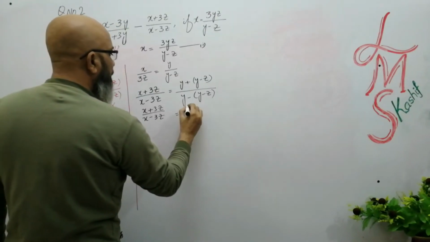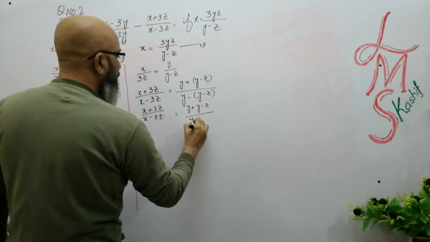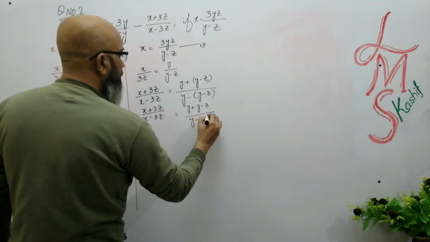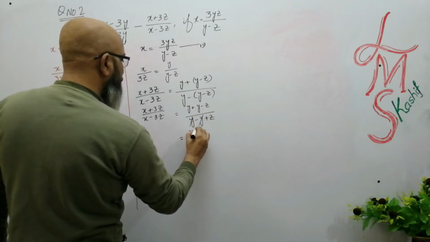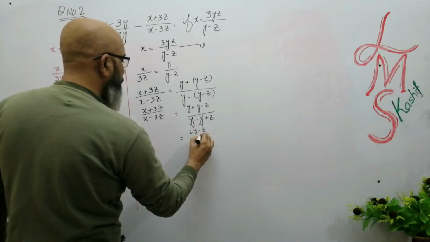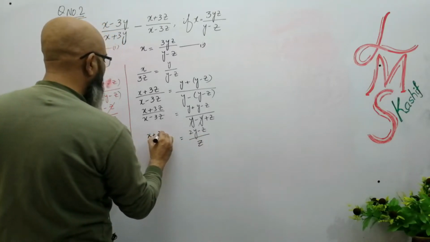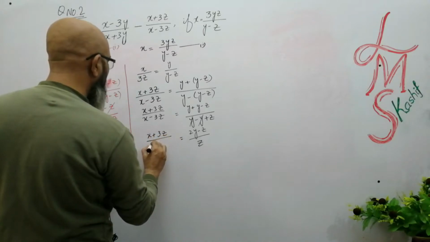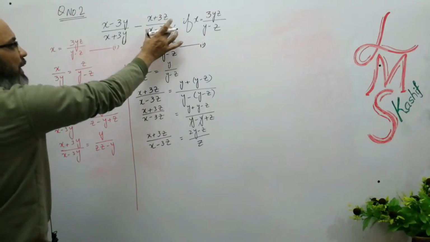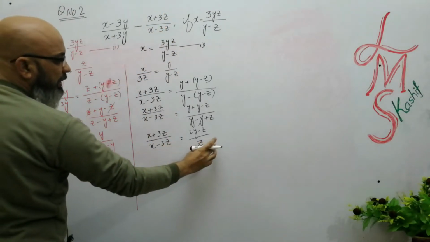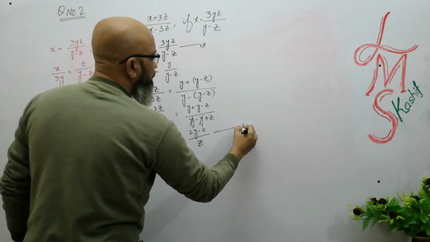It will cancel, and we get (2y - z)/z. Here we get (x + 3z)/(x - 3z). We name it equation 2.